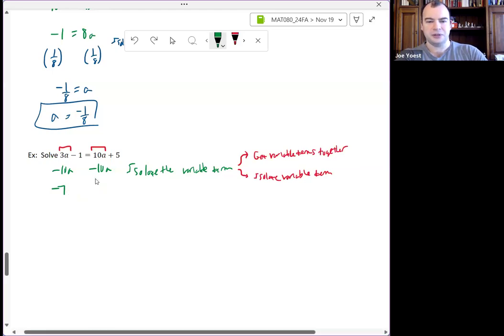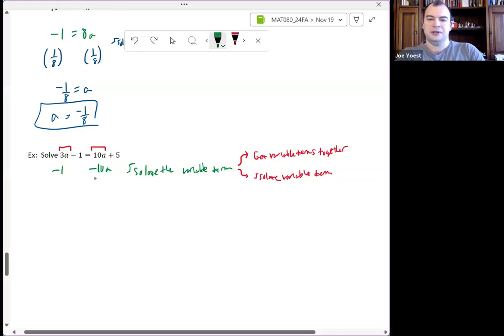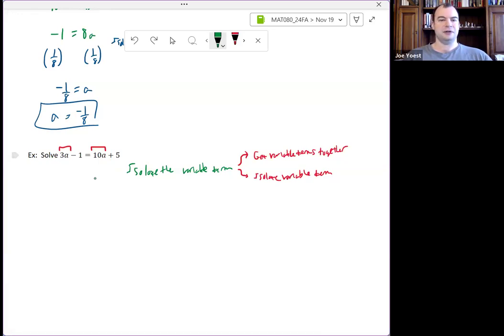I can always choose to put my variable term on one side with a negative coefficient or the other side with a positive coefficient, right? So if I put everything to the left, because I'm subtracting 10a from 3a, that makes a negative coefficient.